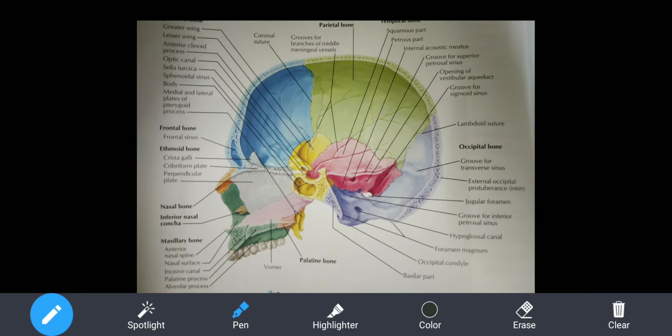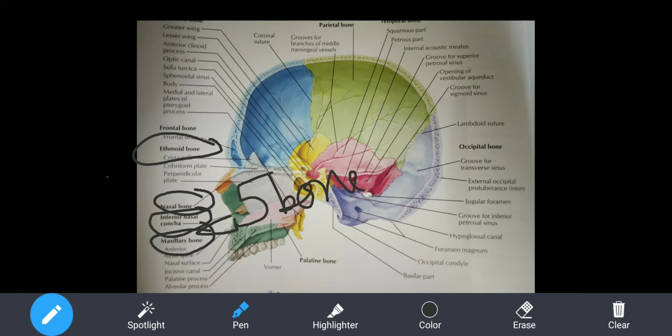This is one bone, this is a second bone, this is a third bone, and a fourth bone, and along with this, the ethmoid bone. So five bones are forming the nasal septum.